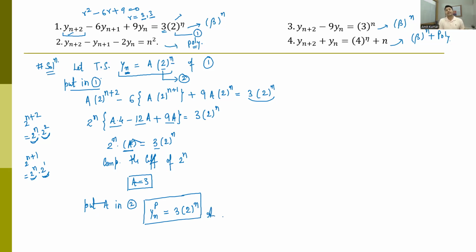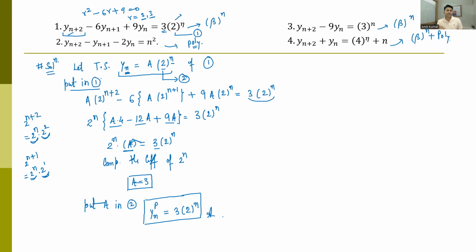non-homogeneous recurrence relation. Okay, so what we did, let us see once again. On the basis of your FN, we decided what should be the trial solution. Now substitute this trial solution into the given equation. Once you substitute it, simplify your equation as per the right hand side so that we can do the comparison easily.